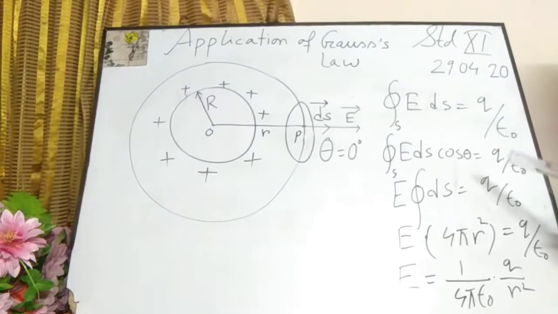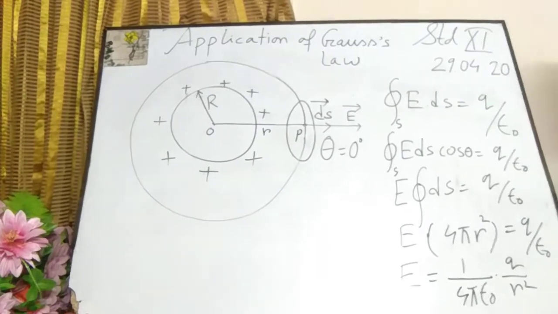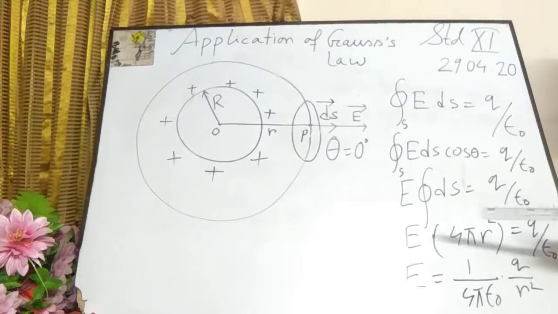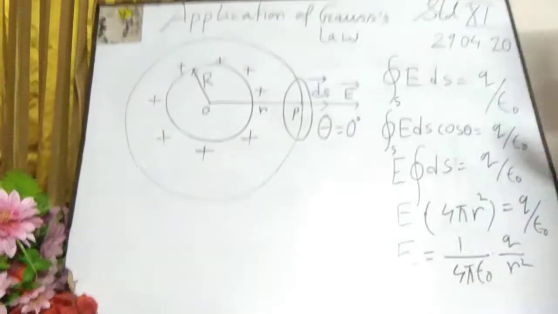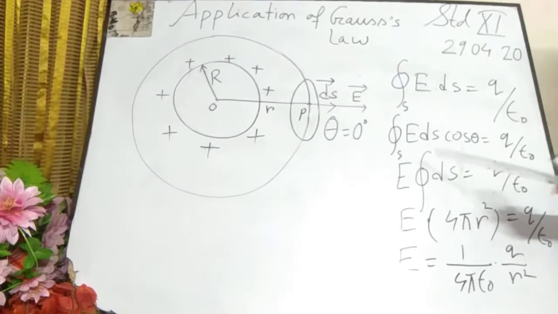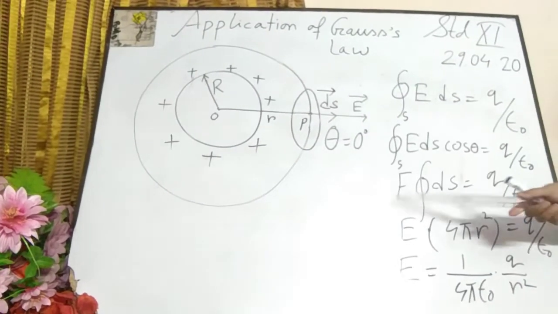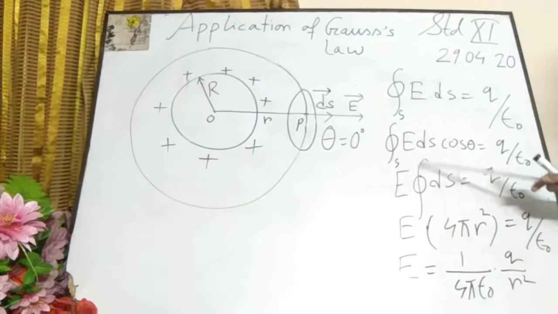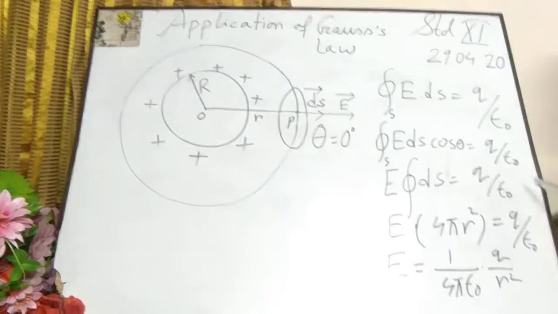I skip that line, but I think you can understand. I have already told that electric field intensity is constant at every point on the Gaussian surface, as the surface is symmetric. So I can take out E from the integration. So E times closed surface integration of ds equal to Q by epsilon naught.